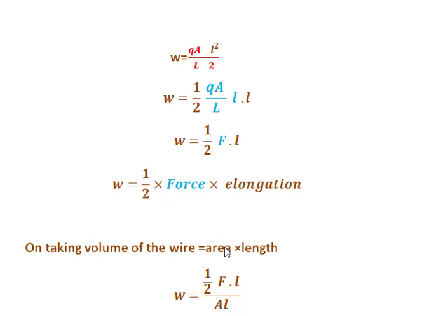Now we are considering the volume of the wire. Already we have taken the area. What is volume? The area into length. Already we have derived the work done expression W as half of force divided by area into length. Now we are multiplying with length.